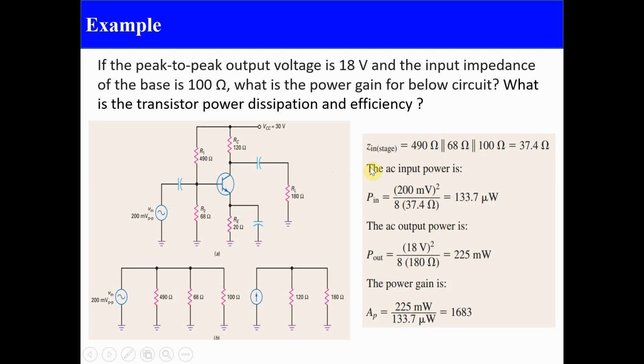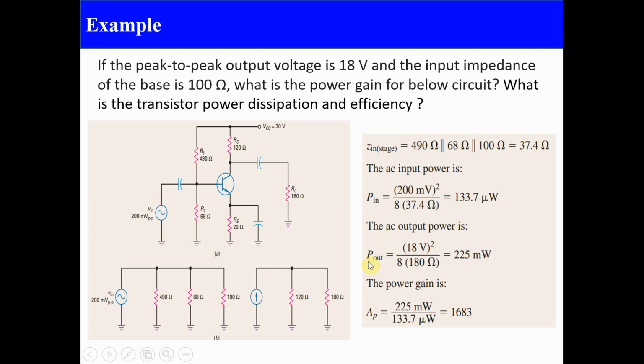It is Z in stage, which is R1 parallel R2 parallel Z in base, and that will give you some value. The input power is V in square upon 8 times RL, since the peak to peak value is given. That will give you Pin.